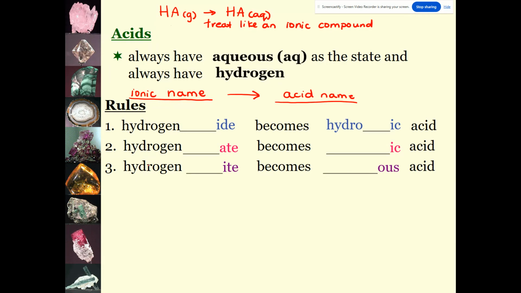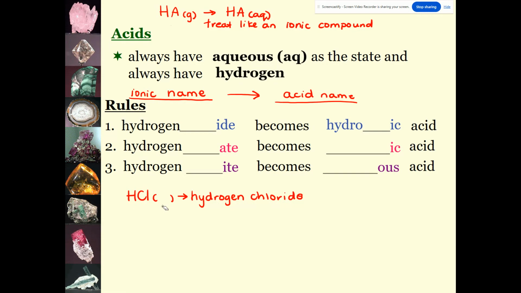Okay? So again, let's pretend we have HCl, and that is dissolved in water. First I'm going to give it an ionic compound name. No prefixes. It would be called hydrogen chloride. Now actually, if this compound wasn't in water, if this was just HCl gas, that would be your final answer, hydrogen chloride.